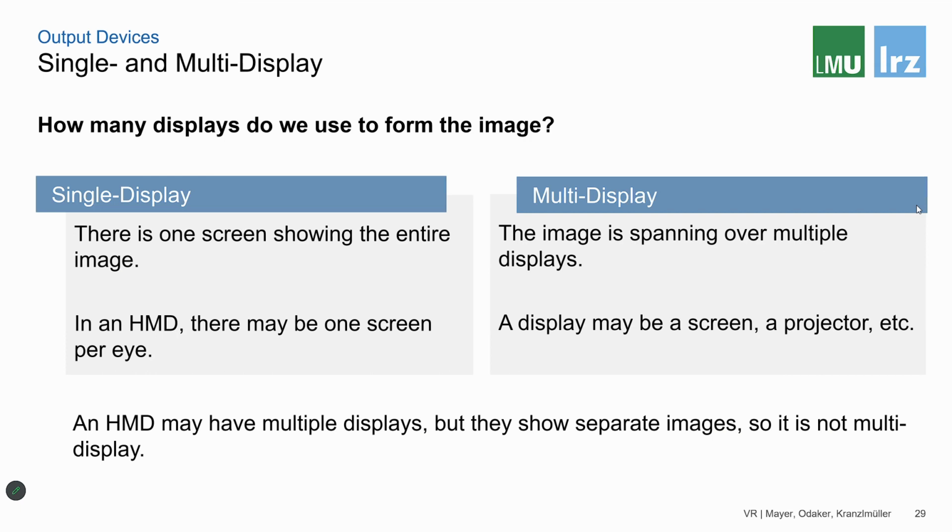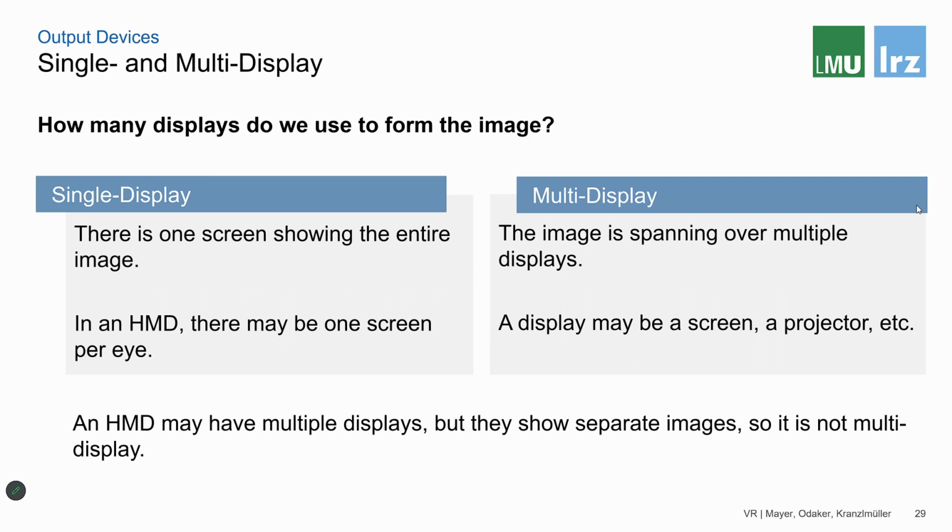A multi-display means that a single image is spanning over multiple displays. So you can see why a head-mounted display would be a single display, even if it uses two small screens inside, because there is one image and the image is shown on an entire screen. While multi-display means that you span an image over multiple displays.